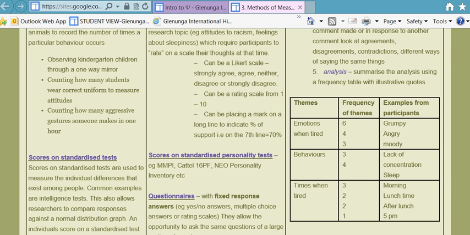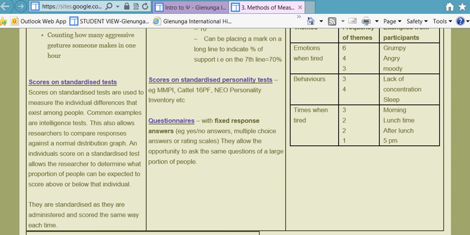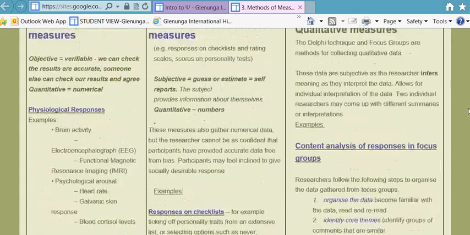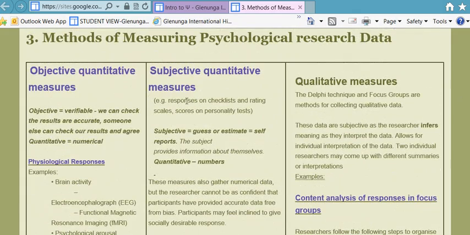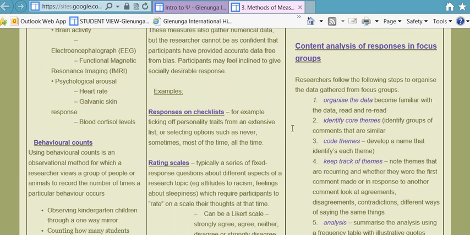And also, we said that the scores in standardized tests, the IQ tests, we explained that. At the same time, subjective quantitative measures. We said that when we self-report or give responses to a checklist by ticking, are you introverted or extroverted?